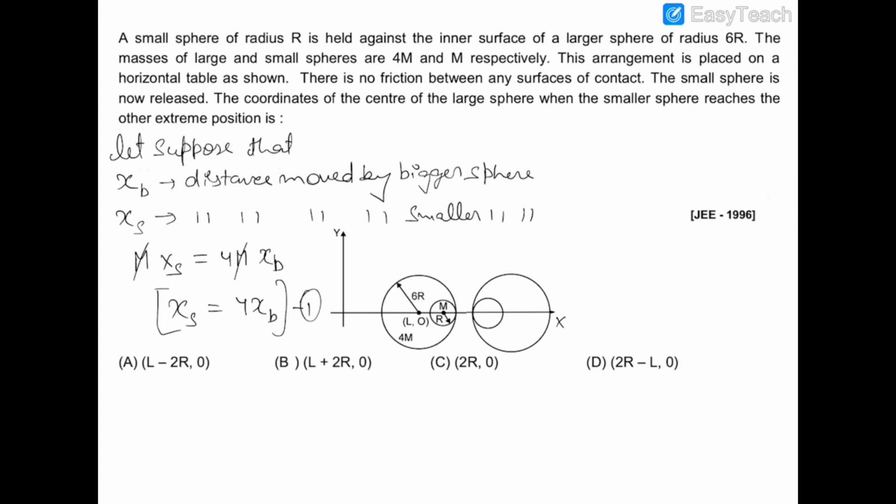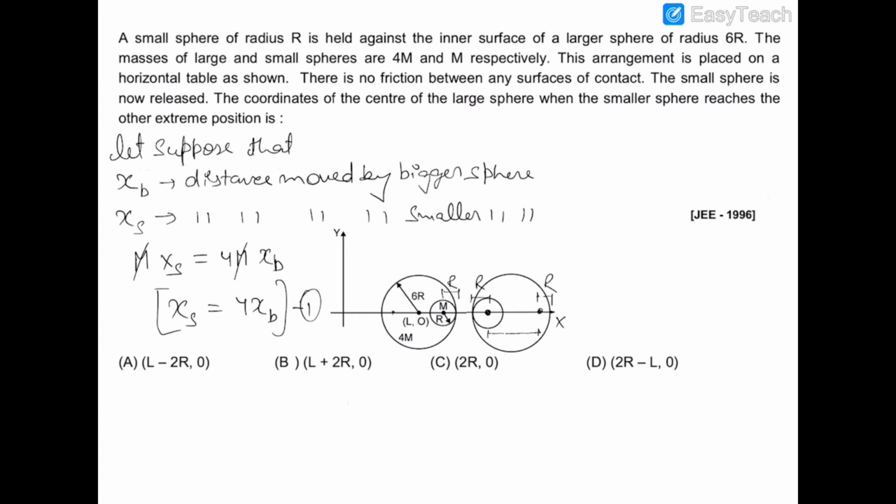Now we know that initially the center of the smaller sphere was at this point, and finally the center of the smaller sphere is at this point. So from this point to this point, the distance moved with respect to the bigger sphere is, this is r, and this is r.